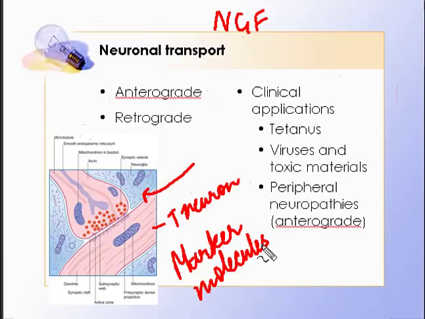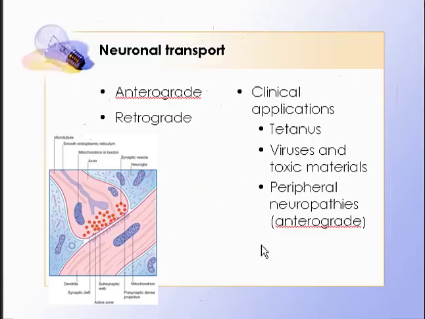Now, why do we need to know about anterograde and retrograde transport? Because we can explain a lot of diseases based on this. The clinical applications mostly involve retrograde transport, and the first one is the disease tetanus, which is caused by the tetanus bacteria.